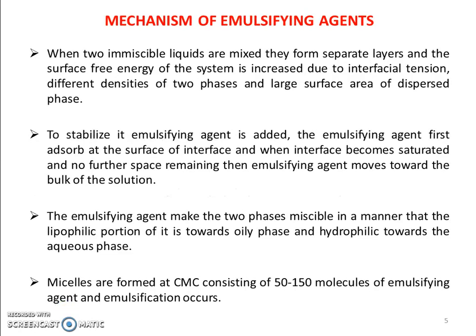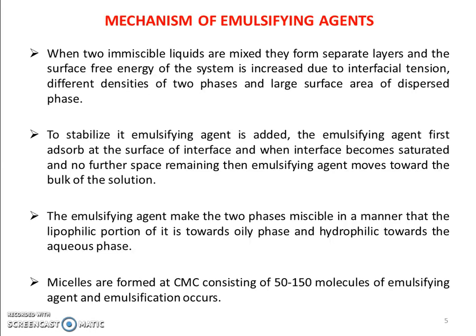Then we discuss how these emulsifying agents are responsible for the formation of an emulsion. When two immiscible liquids are mixed, they form separate layers, and the surface free energy of the system is increased due to the interfacial tension, the different densities of the two phases and the large surface of the dispersed phase.